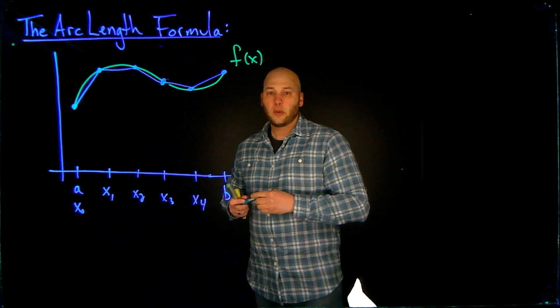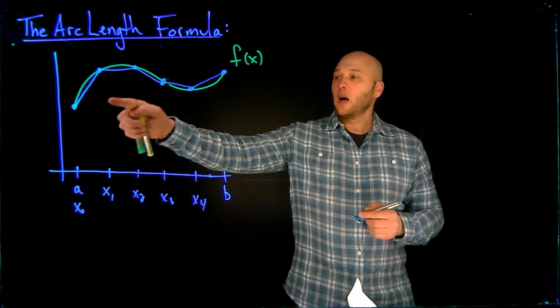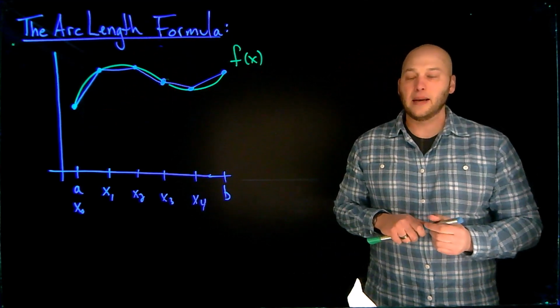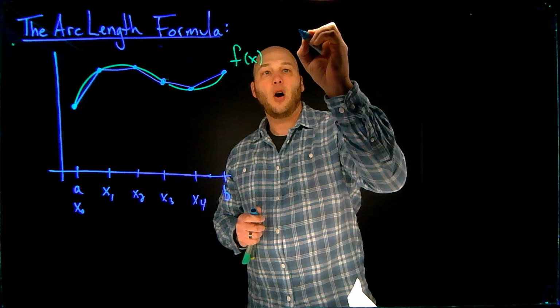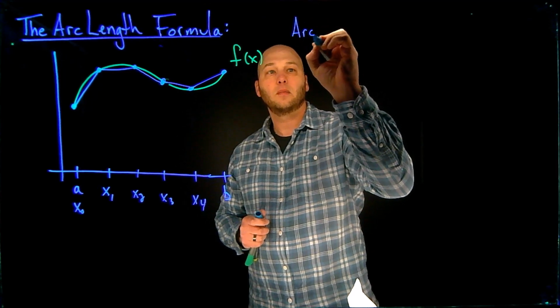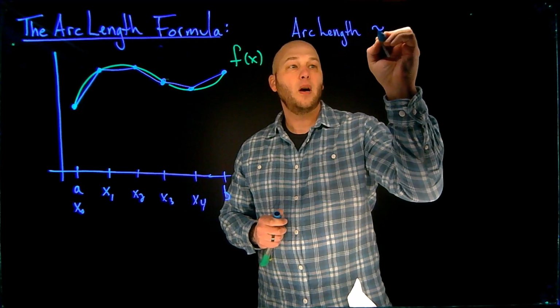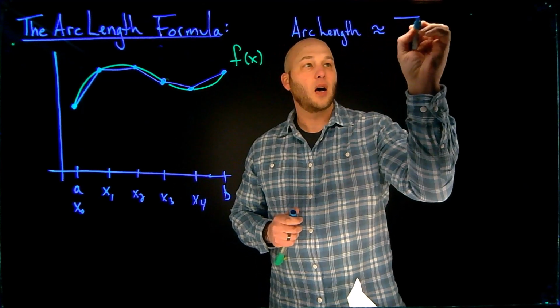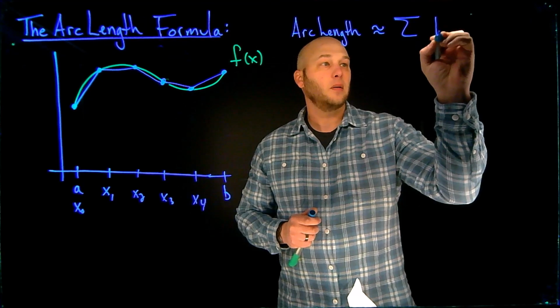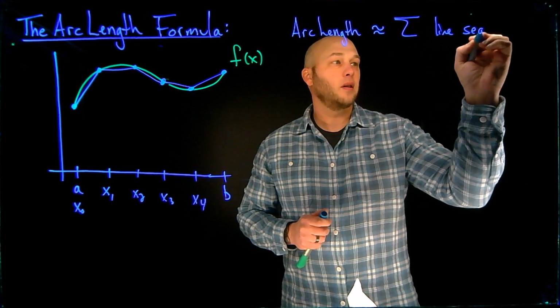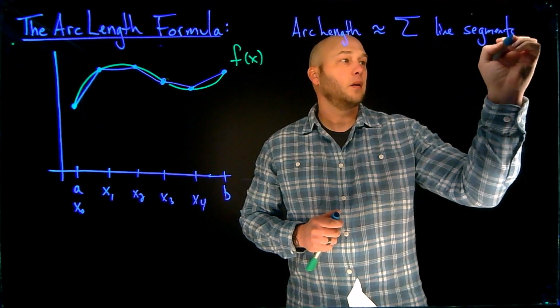Again, I've approximated the curve with straight line segments. Therefore, the arc length would be approximately the sum of the line segments.